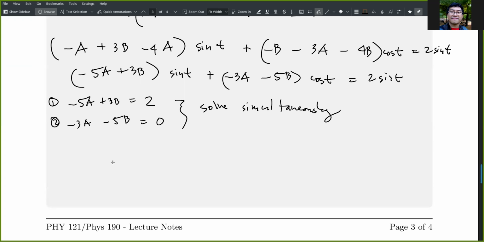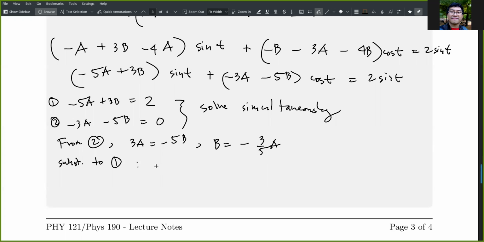What you can do, from equation 2 you have 3a equals negative 5b, or let's use b equals negative 3 over 5a, and then substitute into 1.